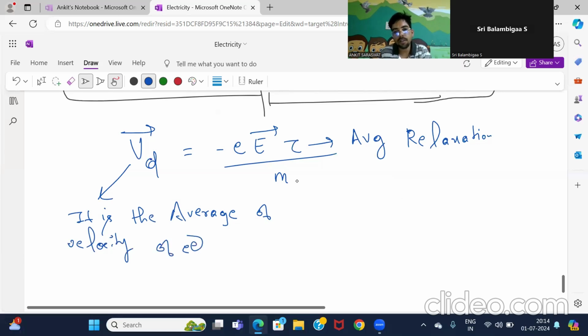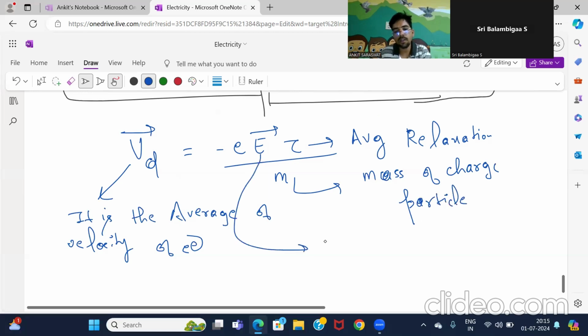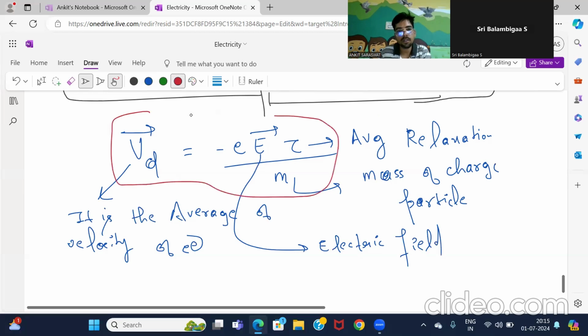What is m? m is the mass of the charged particle. What is E? E is the electric field.